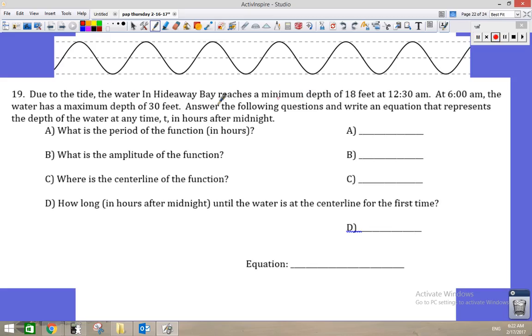So we have a minimum depth of 18, a maximum of 30. If we add these together, we get 48, and half of 48 is 24. So my center line is y equals 24 feet.